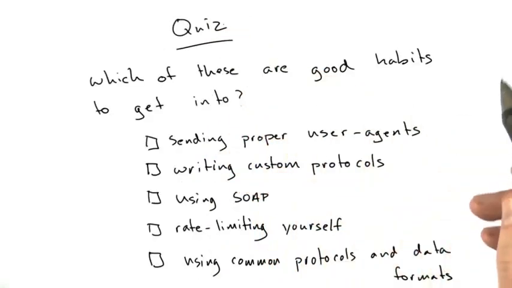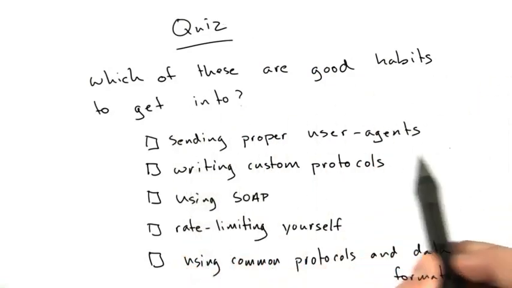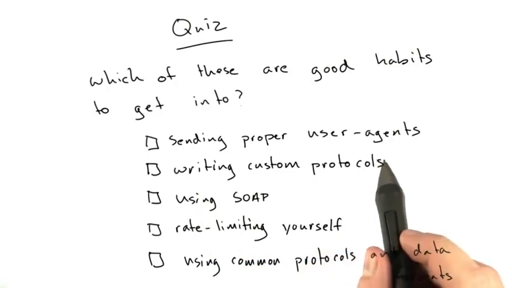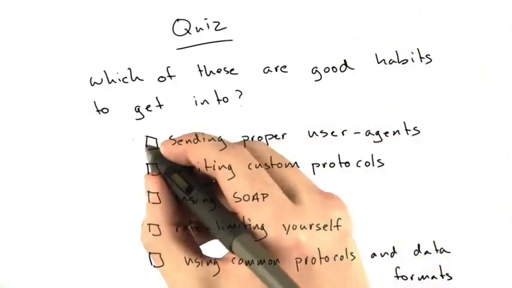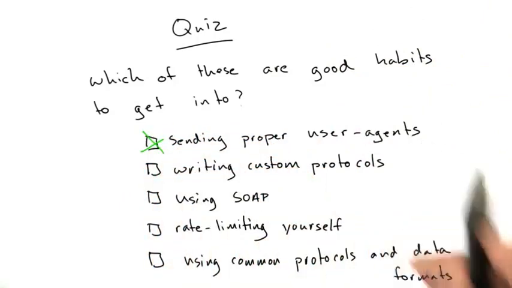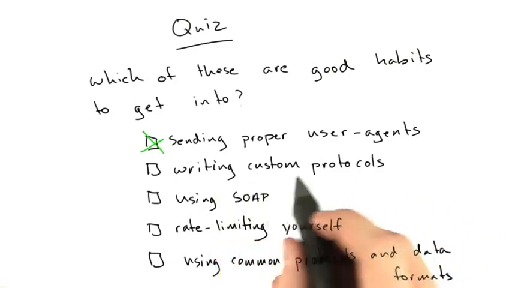Okay, quick quiz to summarize this section. Which of these are good habits to get into? Sending proper user agents, writing custom protocols, using SOAP, rate limiting yourself, or using common protocols and data formats? Correct answers, at least according to me: sending proper user agents, very important. Writing custom protocols, no. There's a time and a place for it.